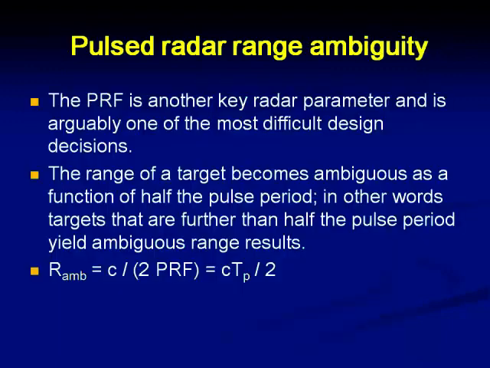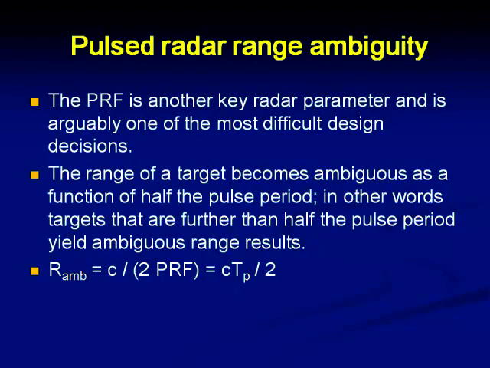Then we also have a problem of range ambiguity. The PRF is another key radar parameter, and it is very difficult to design. That means how to take a decision on this is very tough. The range of a target becomes ambiguous as a function of half the pulse period. So targets that are further than half the pulse period yield ambiguous results.